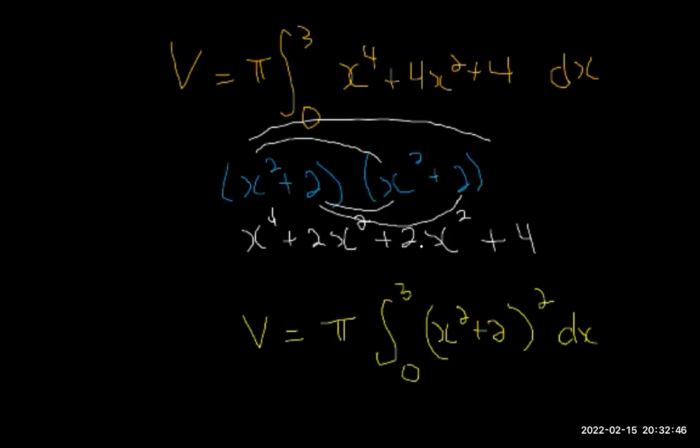But these are like terms. 2x squared plus 2x squared is the same as 4x squared. And that's why the final expression is x to the power of 4 plus 4x squared plus 4. You understand that now? Yes, miss. Okay.